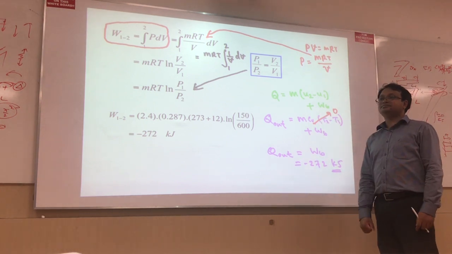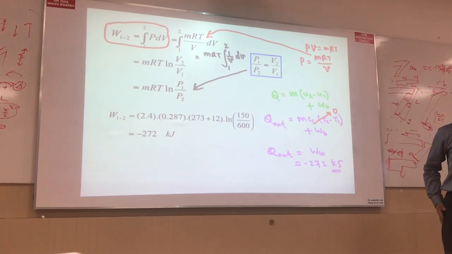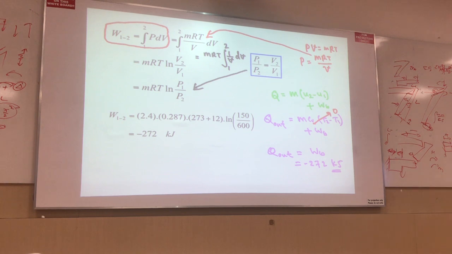Alright? So this is the tricky part. Okay? U becomes CvT. H becomes CpT. I think another lecturer has told you about it, but even so I will write it for you.